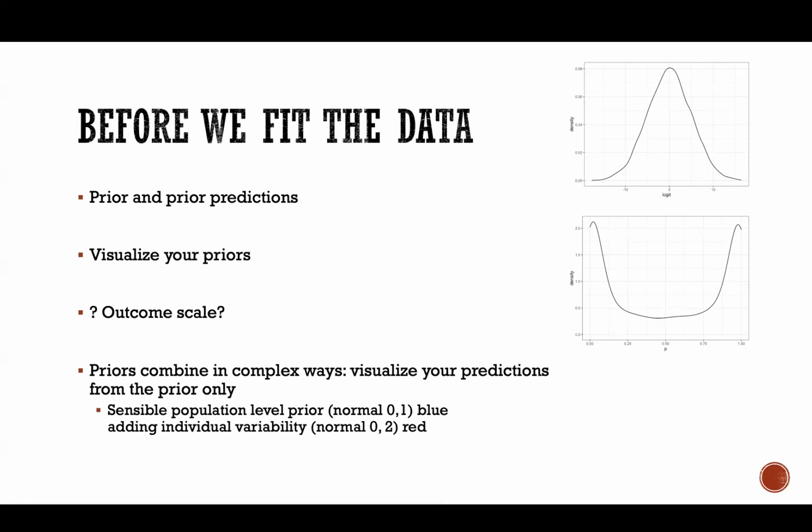On average, a bunch of participants will have as a prior for their learning rate a sensible prior, a normal distribution with a mean of 0 and a standard deviation of 1, which when inverse logitted gives us a nice smooth distribution that only slightly discounts 0 and 1, and all the other learning rates are pretty possible.